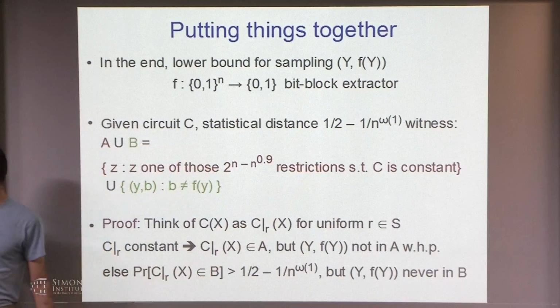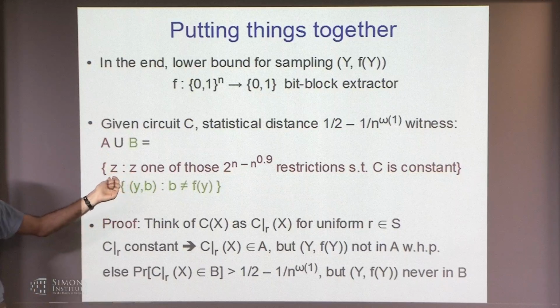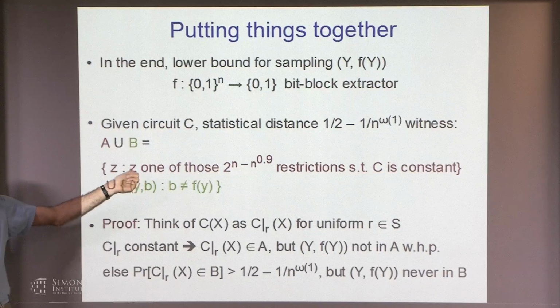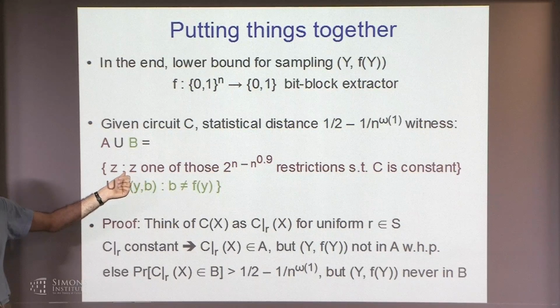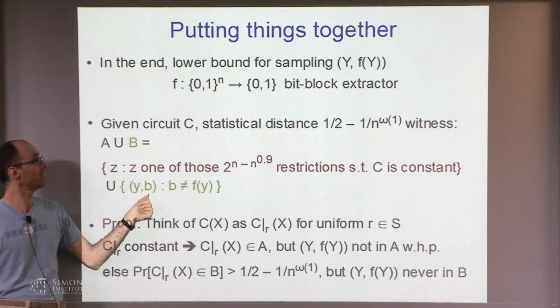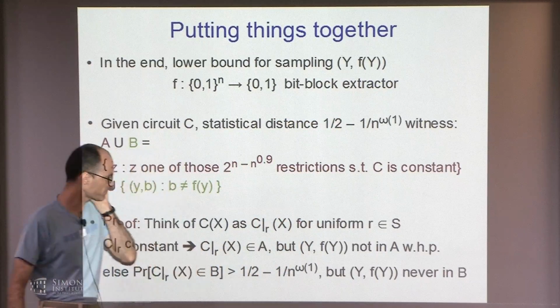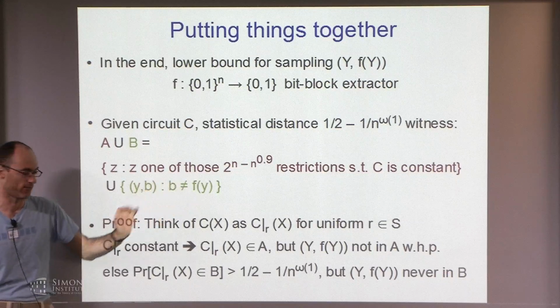The type of test that gives this distance is of the form A union B. A would be the set of those few restrictions that make the circuit constant, giving zero min-entropy. That was guaranteed in the previous lemma. And B just checks that f(y) is computed correctly: a set of pairs (y, b) where b is different from f(y).